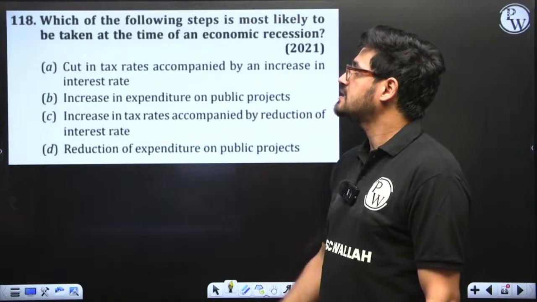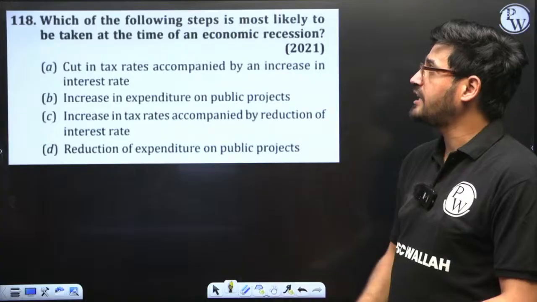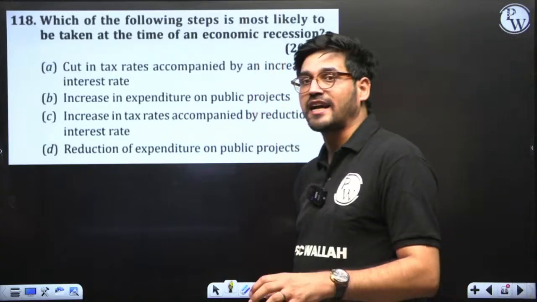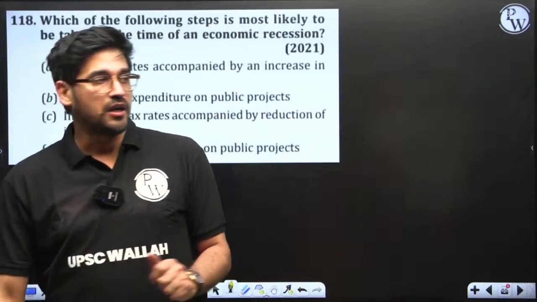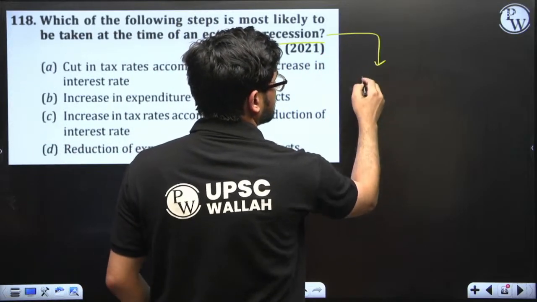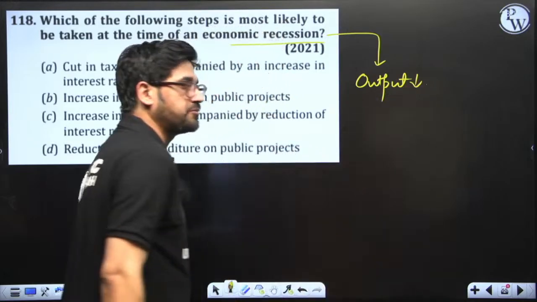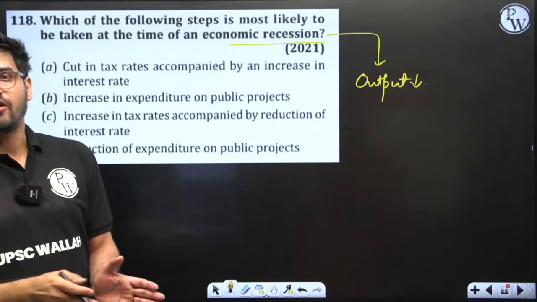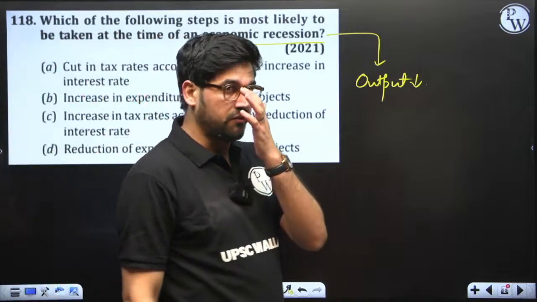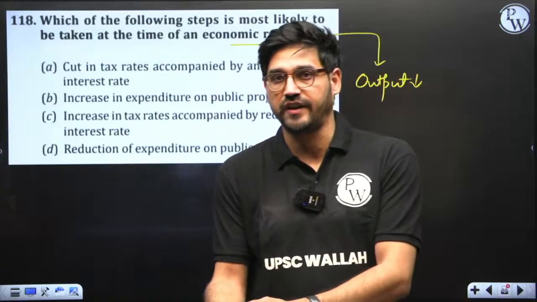The next one says, which of the following steps is most likely to be taken at the time of an economic recession? Now, an economic recession is commonly understood as a decline in output. When the economy's output is declining, we say that the economy has entered a contractionary or a recessionary phase.